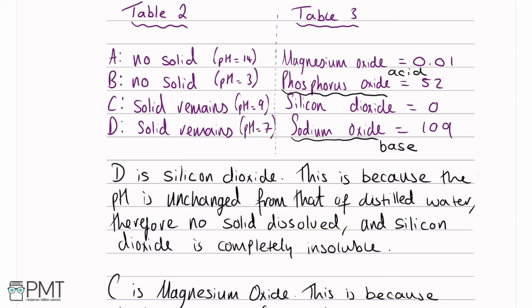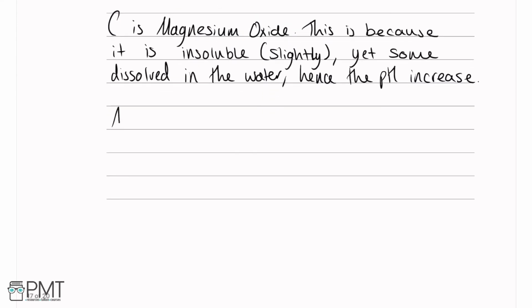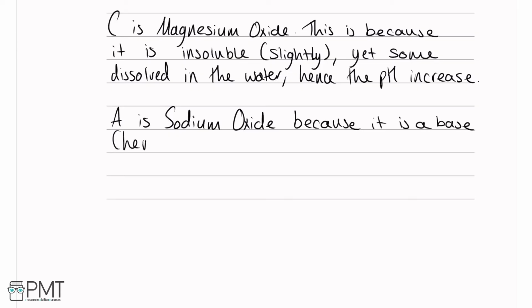And we said earlier that a pH of 14 will be an alkaline, and a pH of 3 is going to be an acid. So using that understanding, we can say A is sodium oxide, because it is a base. So it has a high pH, and it is very soluble.